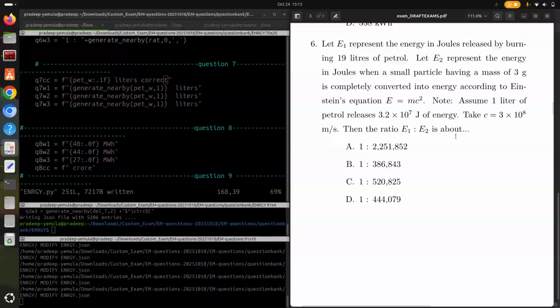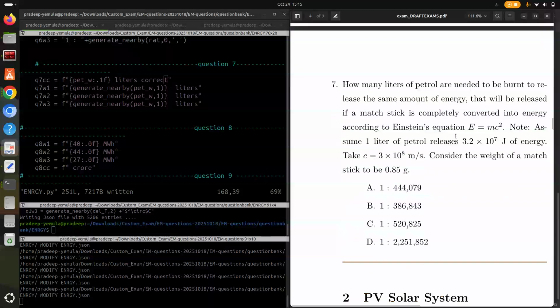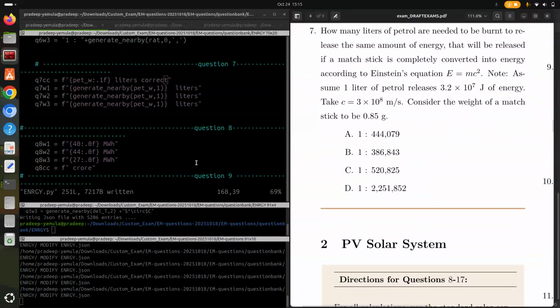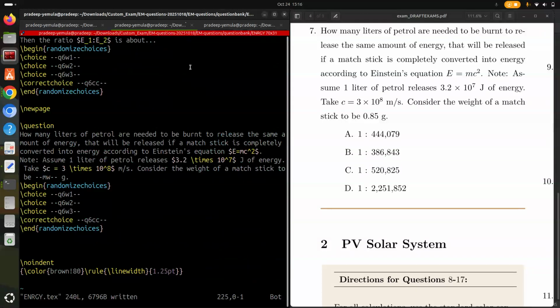No, this is sixth. Let's go to question number seven. So finally we have the answers. Here I need to change to option seven: replace seven, replace seven, replace seven, replace seven.